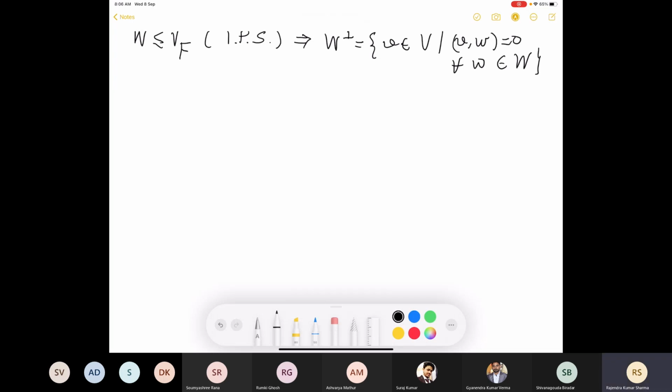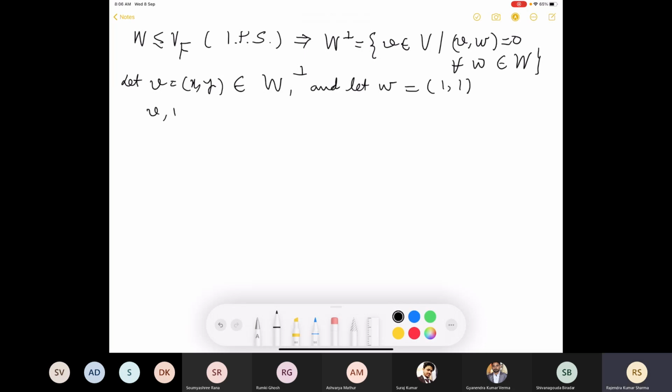So if we want to determine it in this setup, then what shall we have? Let us say the vector (x, y) belongs to W orthogonal, and take first the vector which is in the basis of W, say (1, 1).